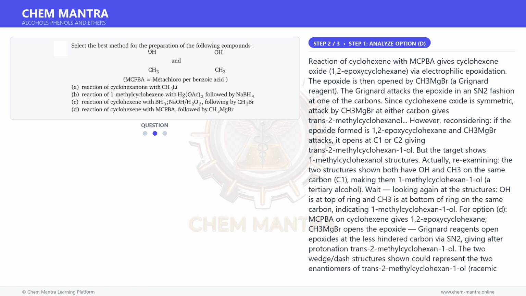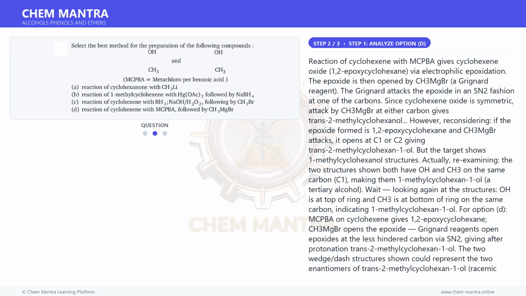For this option, mCPBA on cyclohexene gives 1,2-epoxycyclohexane. CH3MgBr opens the epoxide; Grignard reagents open epoxides at the less hindered carbon via SN2, giving, after protonation, trans-2-methylcyclohexane-1-ol.